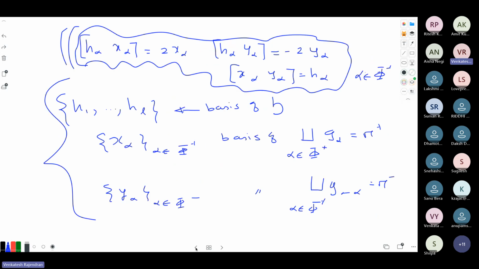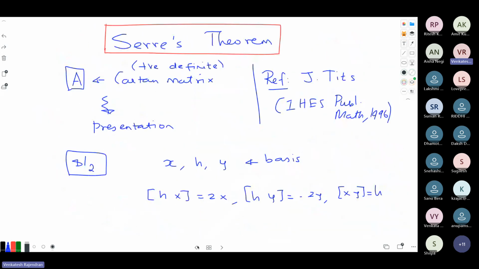So if we go back to SL2, as I said, it's a small example. Here you already have this basis, and you have the structure constants. It's a simple exercise to see that a three-dimensional algebra with these structure constants is uniquely determined. But now, what is the presentation? The presentation is almost the same.